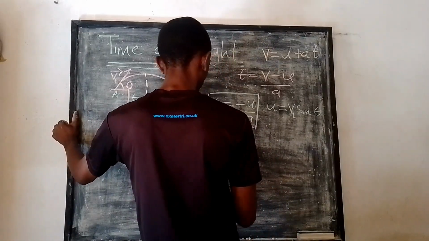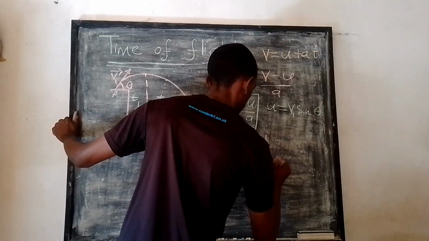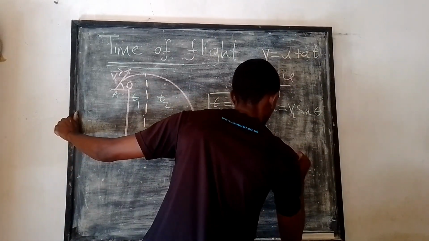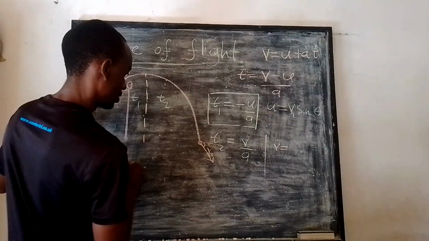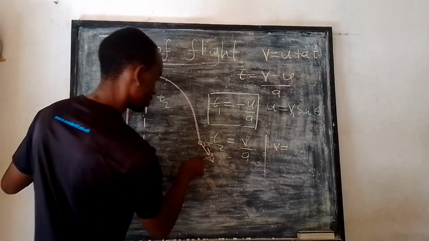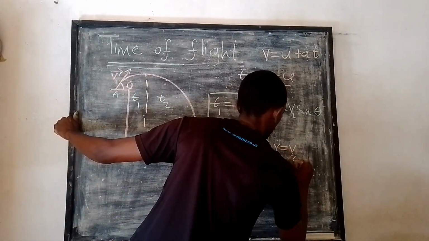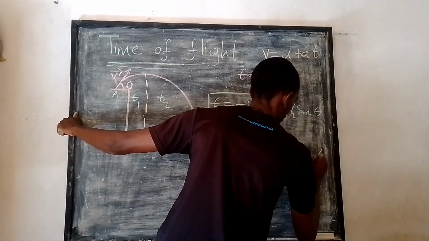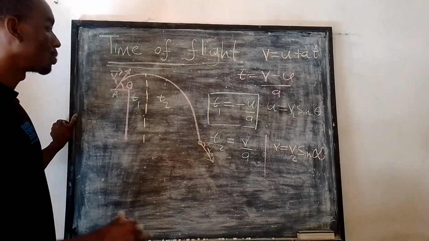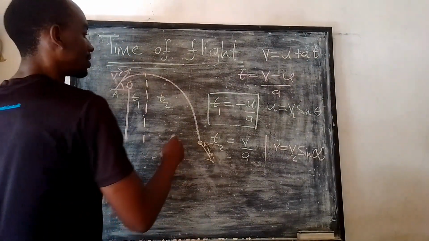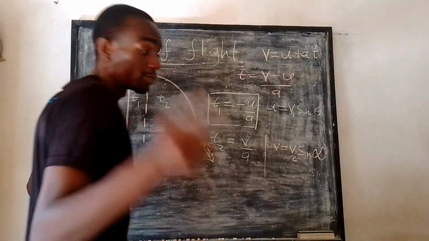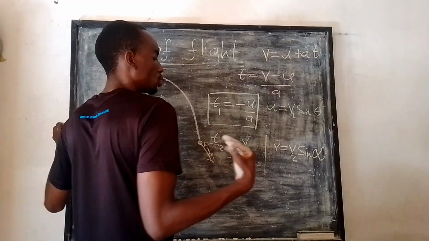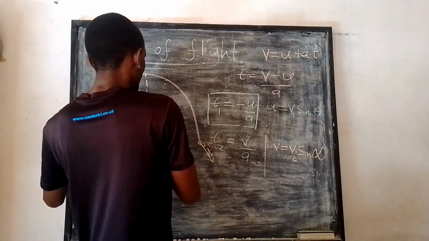So this V is equal to V2 sine alpha, not theta, alpha. That's why I said whatever the velocity is, because it's not the same as this, like in the first case we looked at. So this is how you'd compute the time of flight in this scenario.